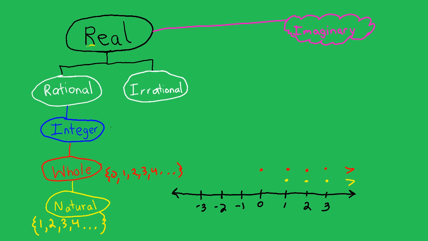And they go on and on in both directions, the positive and the negative. So they go from negative infinity through negative 3, negative 2, negative 1, 0, 1, 2, 3, and on to positive infinity. So we can chart those out like this.